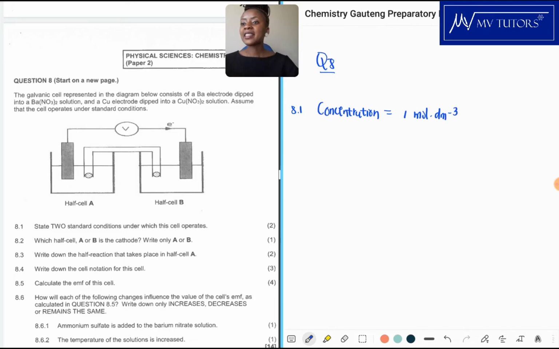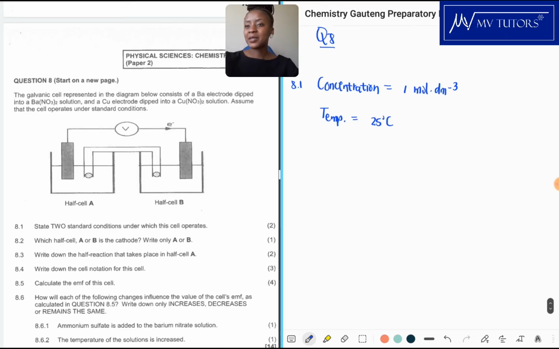And then the other portion of it would be temperature. If you are dealing with degrees Celsius, that would be 25 degrees Celsius. If you're dealing with Kelvin, I think it's 298. I like confusing it, 289, 298. But yeah, 298.